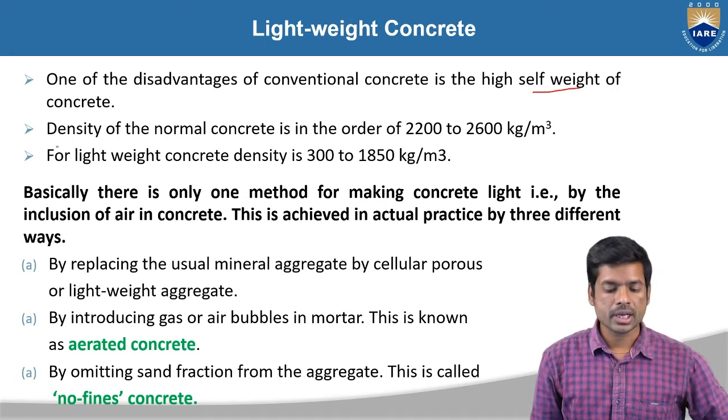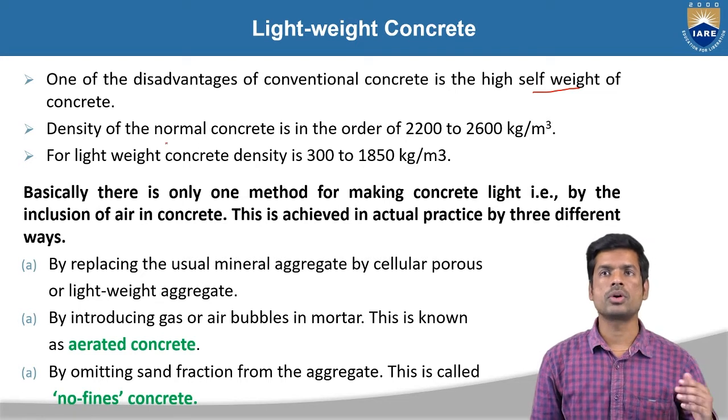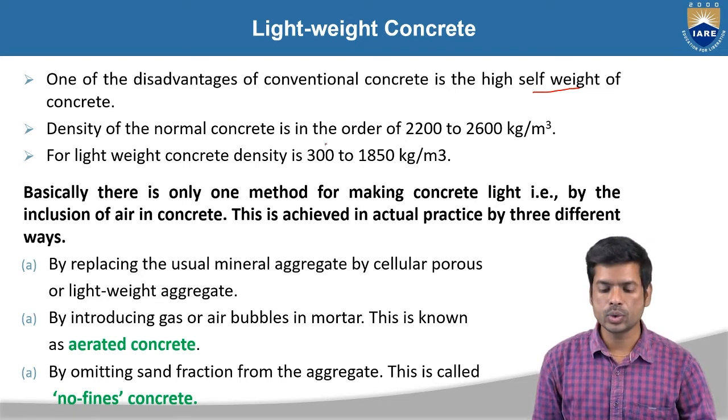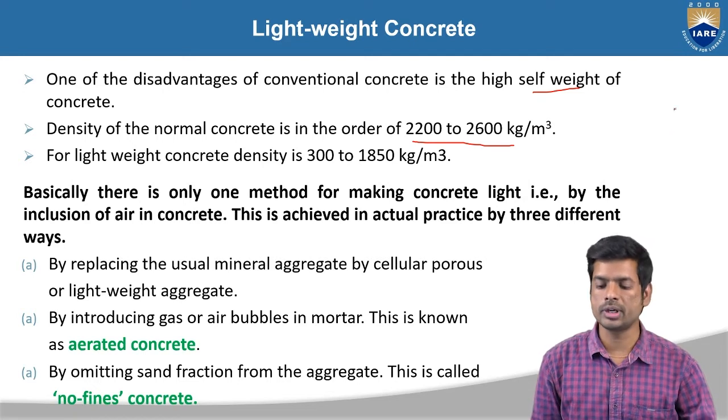The density of normal concrete is around 2200 to 2600 kg per meter cube. That means if you take 1 meter cube of volume, in that volume we can place around 2200 to 2600 kg of concrete.